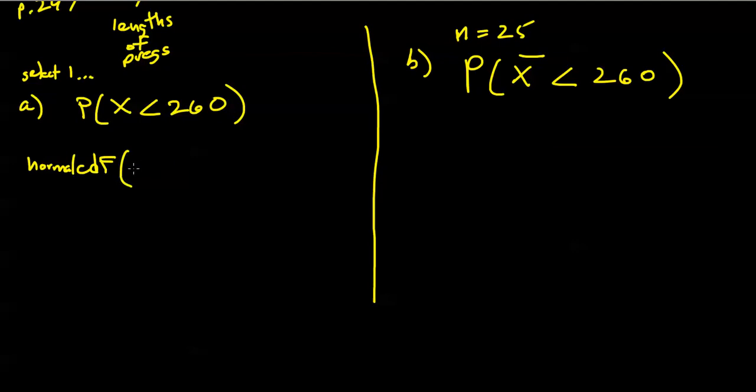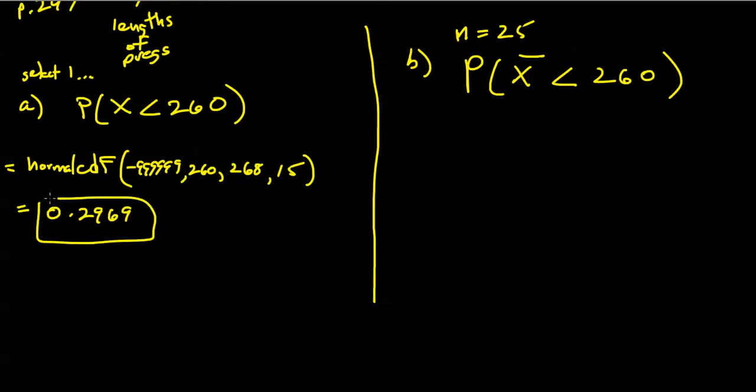Less than 260 means between negative infinity and positive 260. Remember, the population mean is 268 and the population SD is 15. Just like in section 3.6.3, we'll grind this out and get a value of 0.2969.